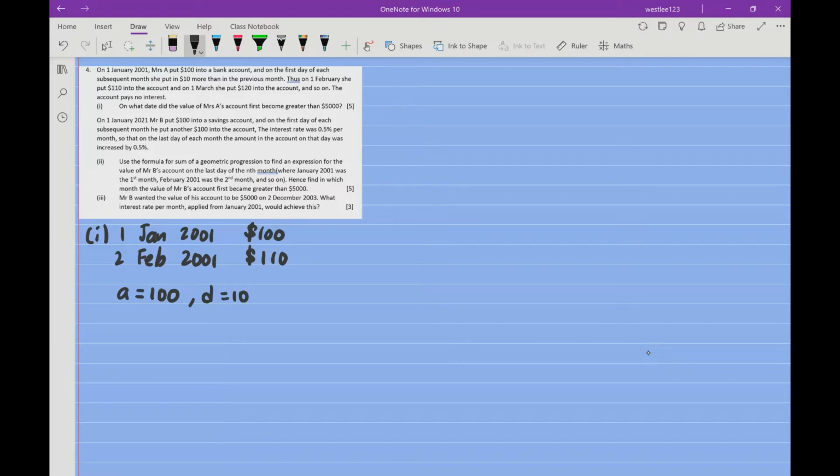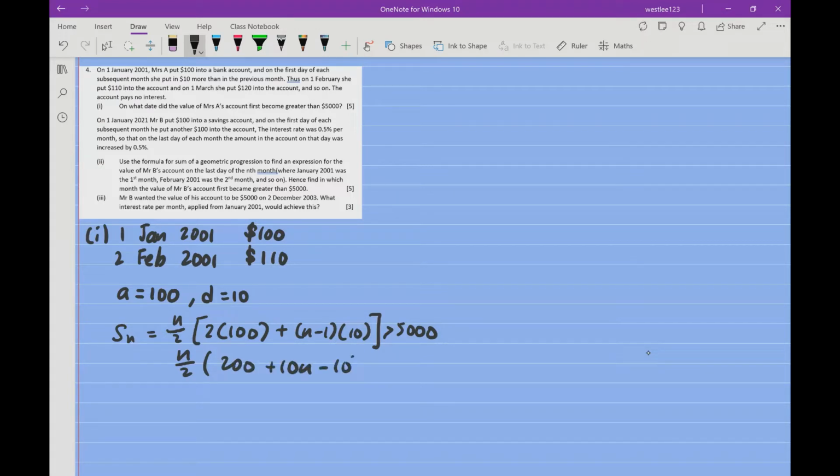So Sn equals n over 2 (2a plus (n minus 1)d). You want this to be more than 5,000. So simplify: n over 2 (200 plus 10n minus 10) more than 5,000.